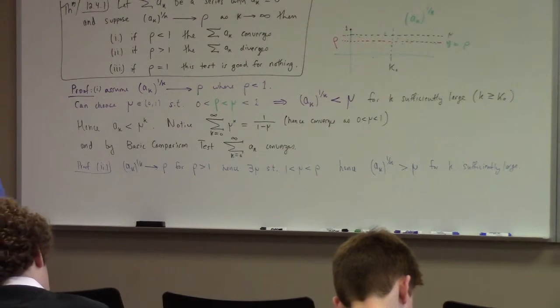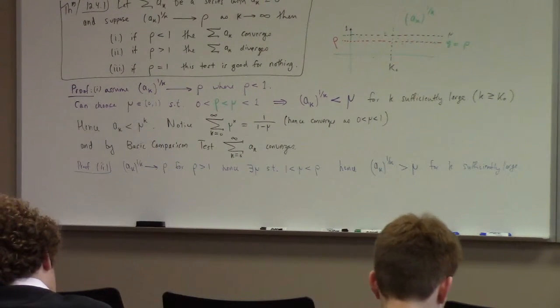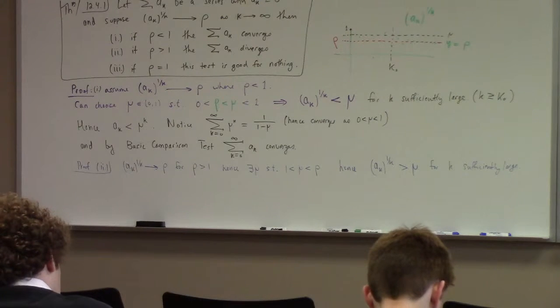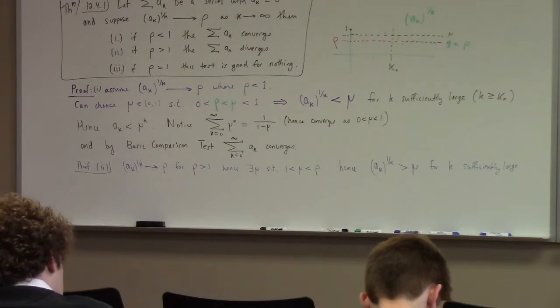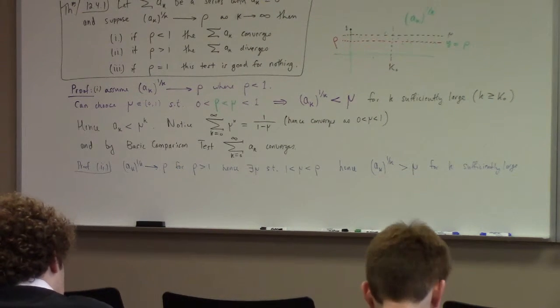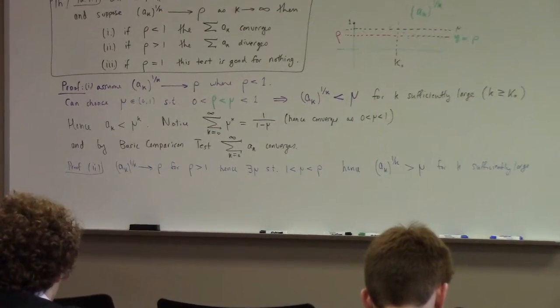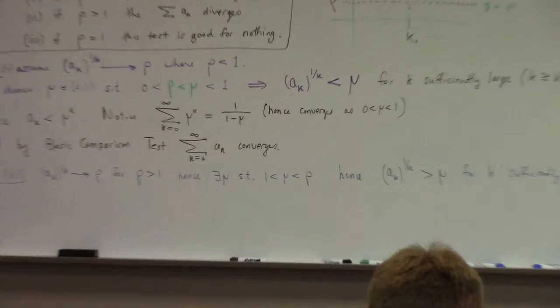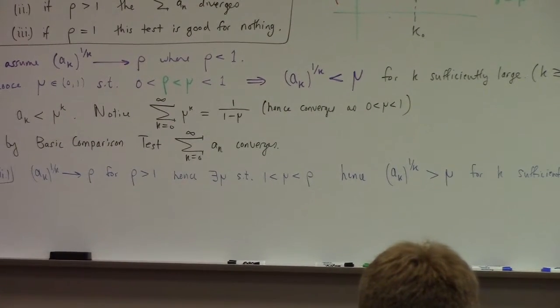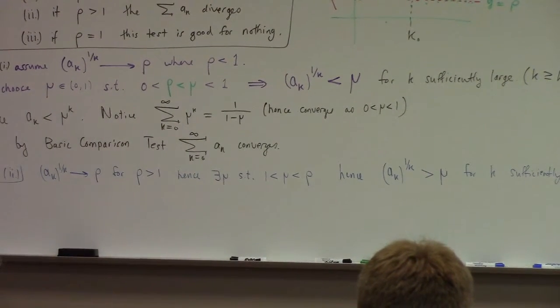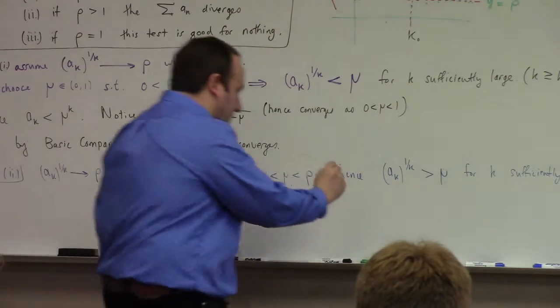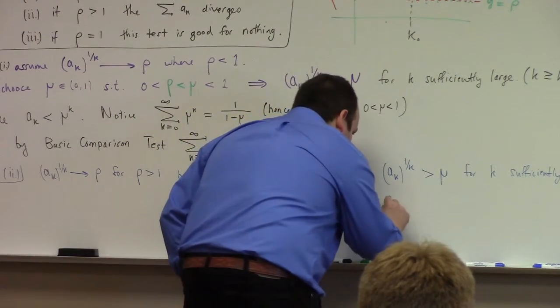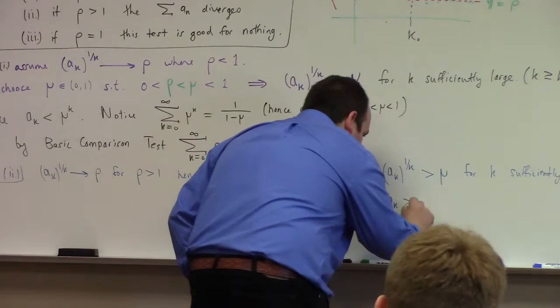Now, we could go a couple different ways here. You could just follow my argument for number 1 verbatim, and it would get us to a direct comparison or basic comparison test with a divergent geometric series. Or we could just strike to the heart of the matter: if that's true, this implies that a sub k is greater than mu to the k.